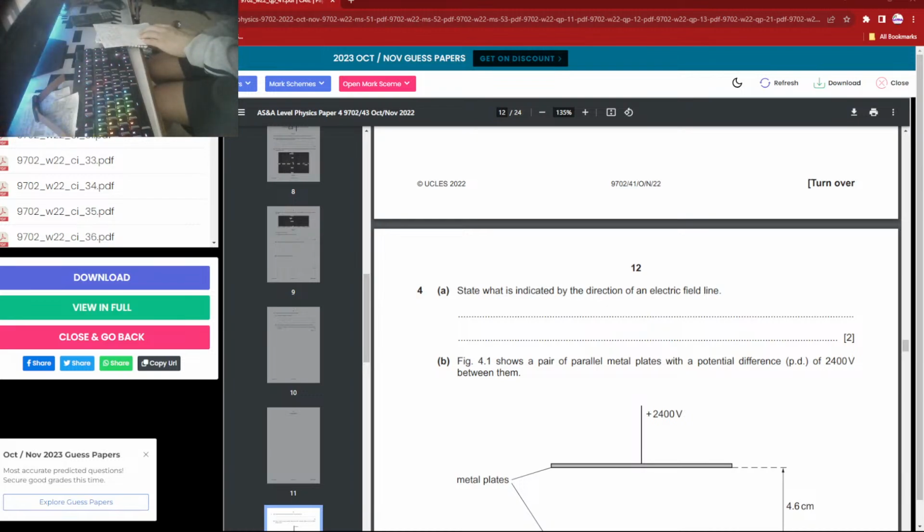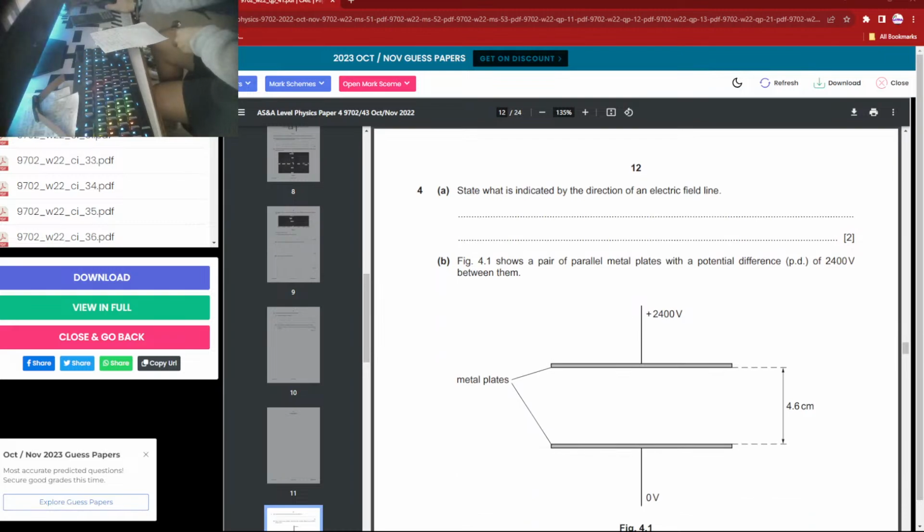It's like direction of force on a moving charge. Yeah, something like that. Direction of force on a moving charge. Okay, that should be it.